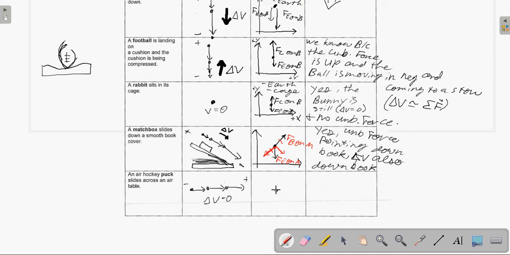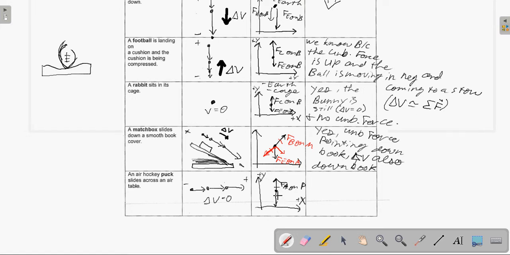And so again, our force diagram. That's an X. We'll have just two objects: force table, well, technically force air, because there's air holding it up, on puck, and this will be balanced.